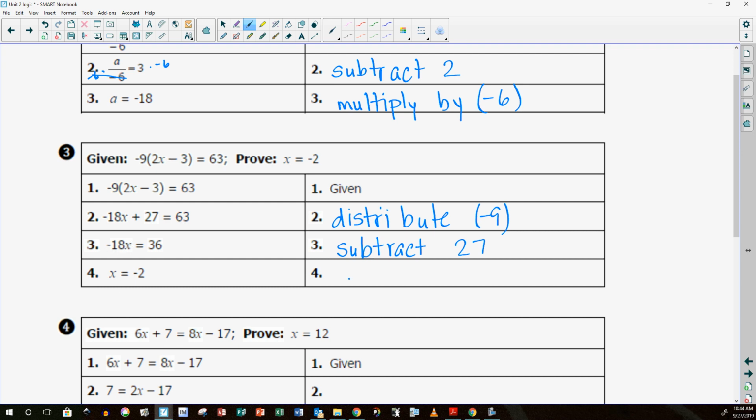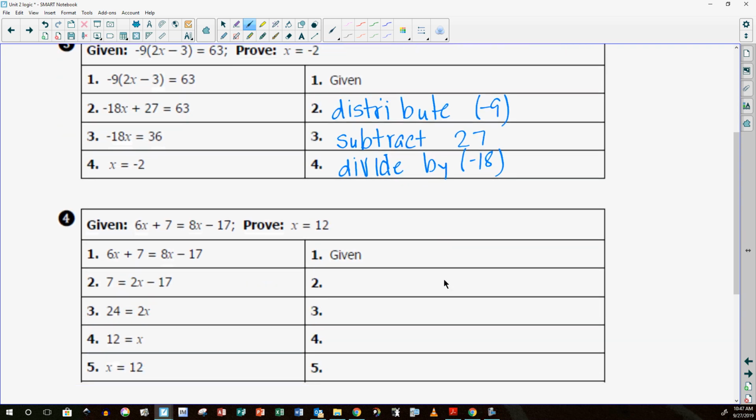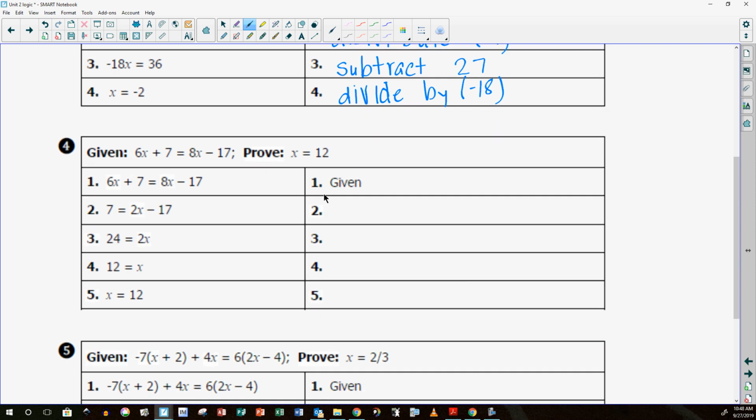So that meant I divide by negative 18. Okay, so I noticed that I went from the negative 18 to just x. So we're going to divide by negative 18.